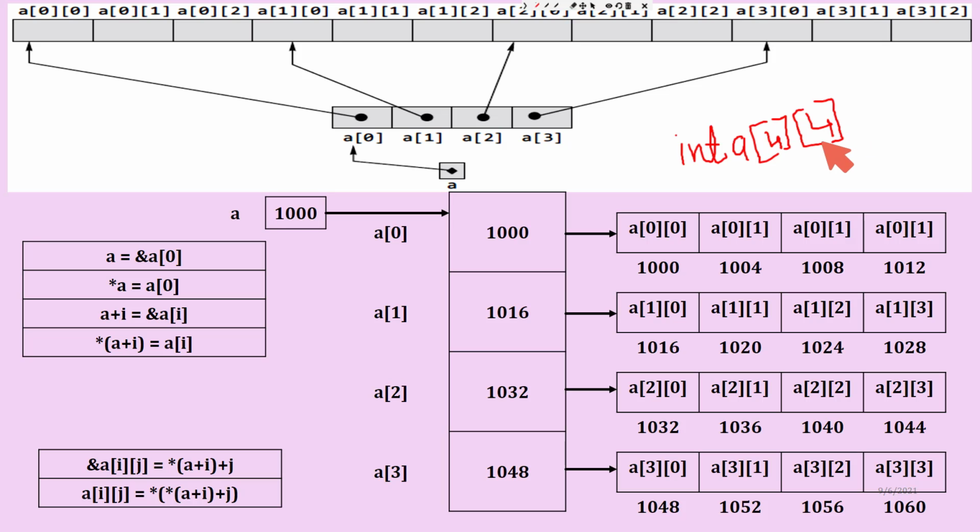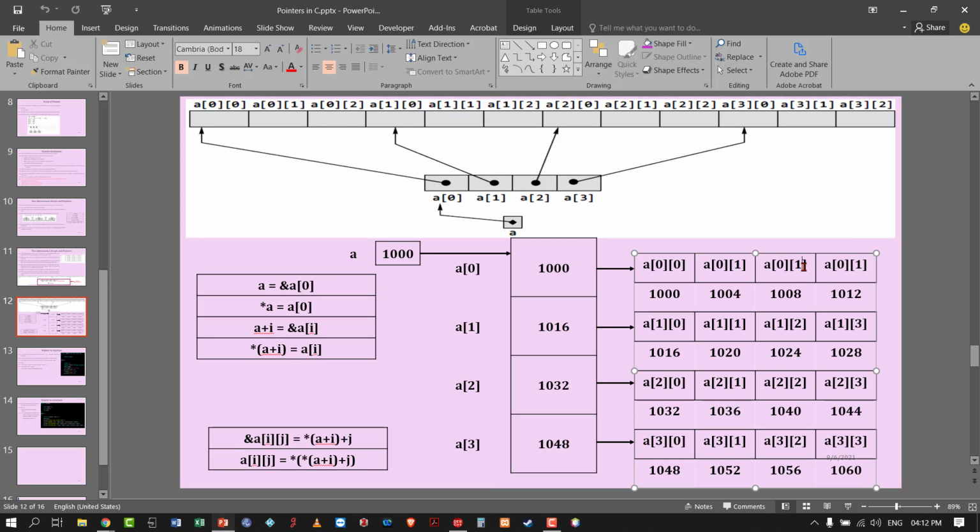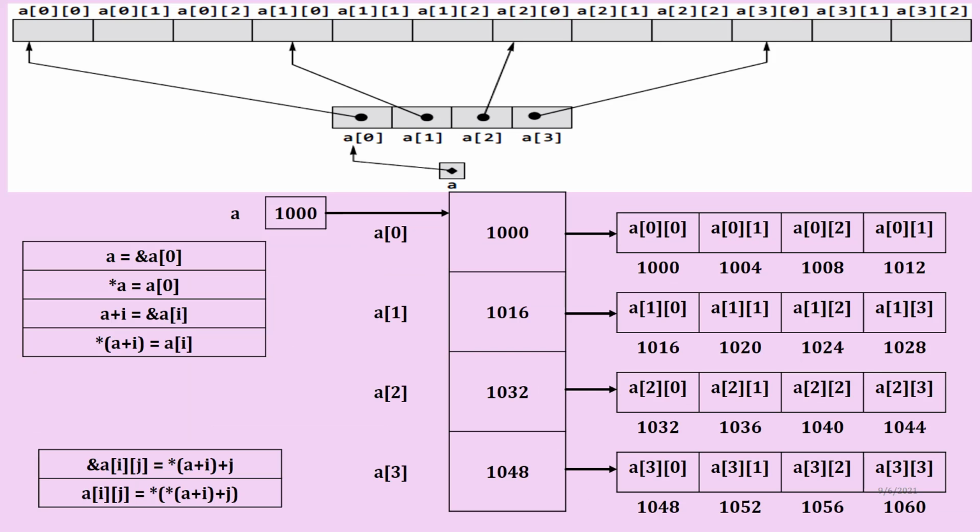So A00, A01, A02. Okay, this is actually an integer array of size 4.